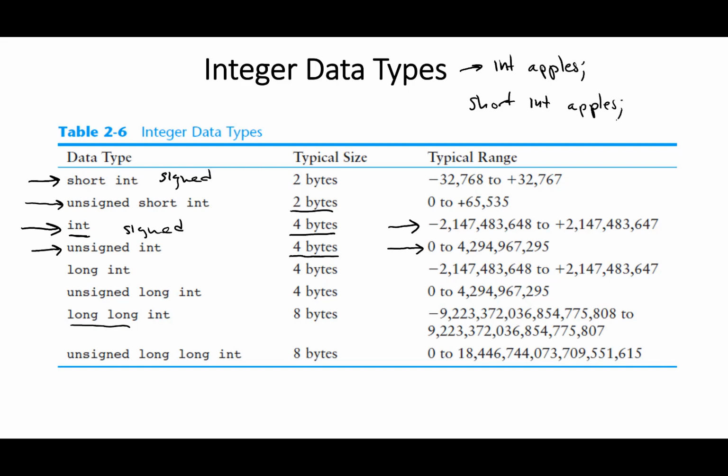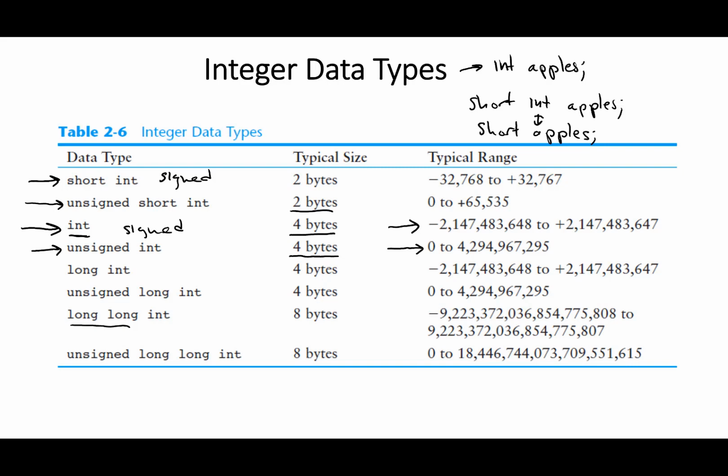And this might be something you want to do if you're trying to conserve space when you're writing your program and you know your values are going to be on the smaller side. This can also be written as just short apples. So you could declare a short integer variable either way, either short int apples or just short apples.